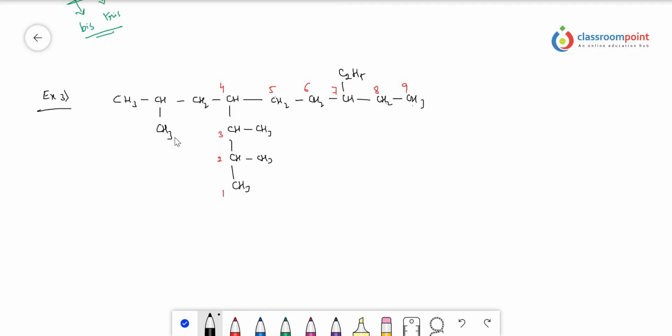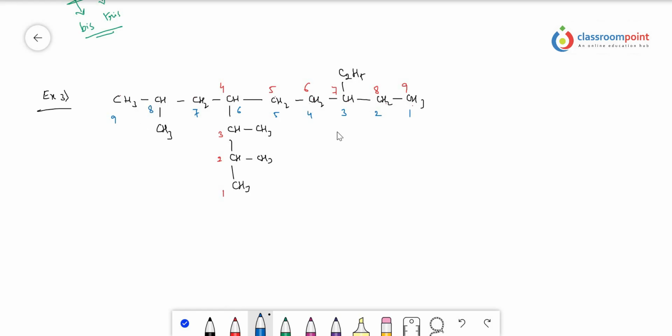So now two chains of equal length are possible. I will give numbering using the blue pen also. 1, 2, 3, 4, 5, 6, 7, 8, 9. So with the red color line we are getting 9 numbers, and with blue also we are getting 9.